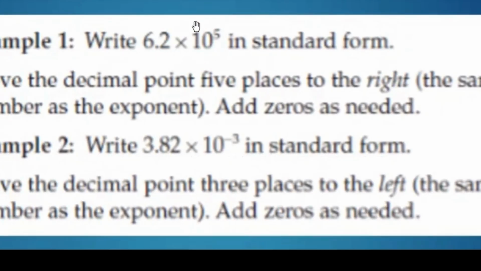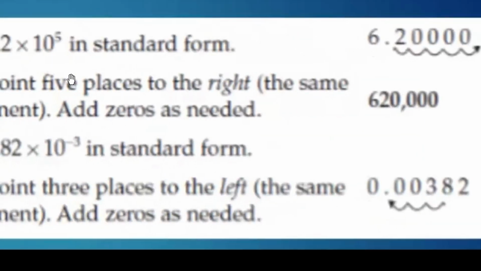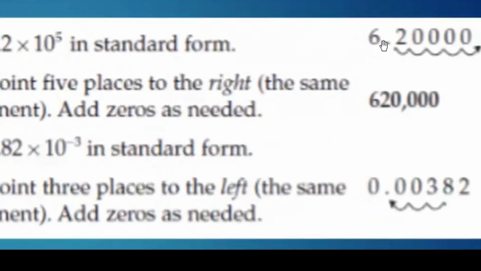So you would count until you have 5 decimal places to the right, and in those places, you would fill in zeros until you have reached your 5th place. And so the answer is 620,000.